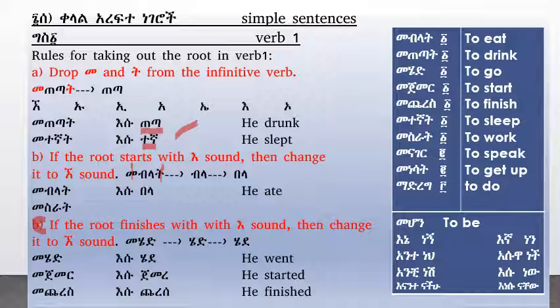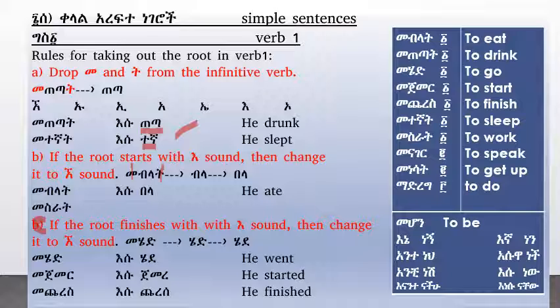So if you get the first-order sound at the start of the root, then change that sound to the a sound. That means bə to ba, lə to la, kə to ka, sə to sa. That's what I mean: change the first-order sound to the a sound. So መብላት, እሱ, you see, bə changes to ba, እሱ በላ.